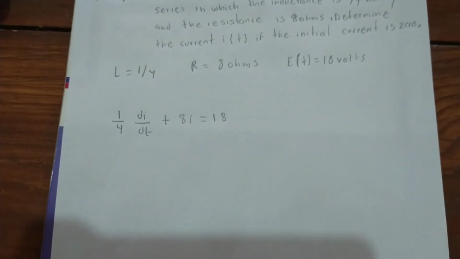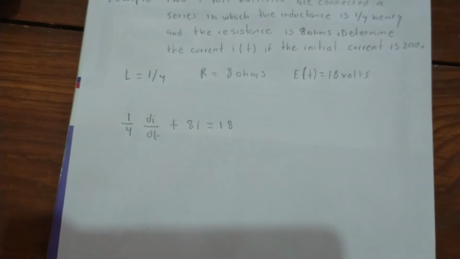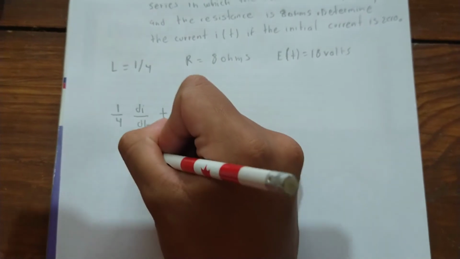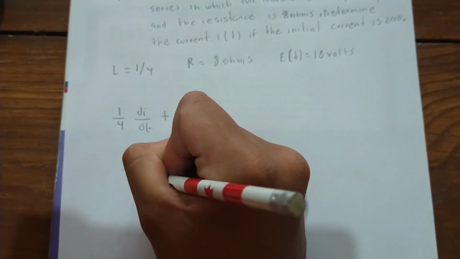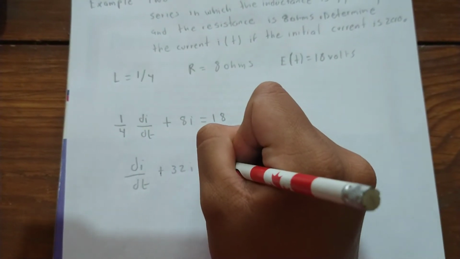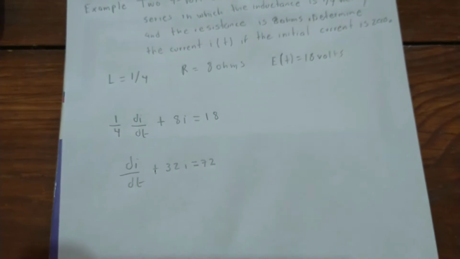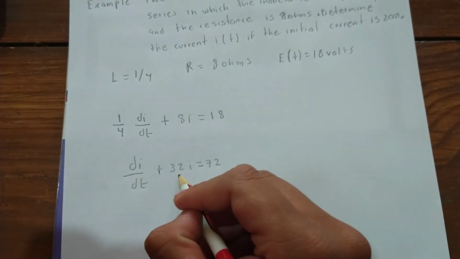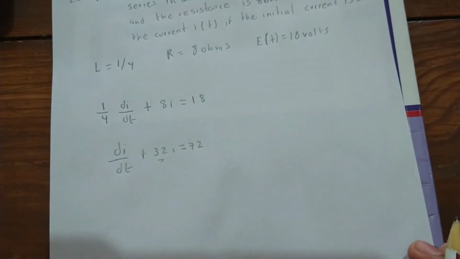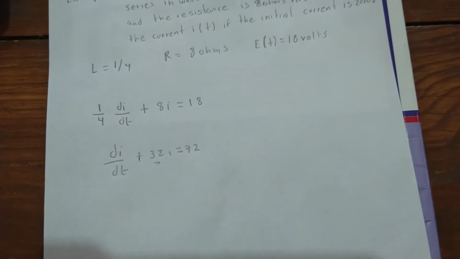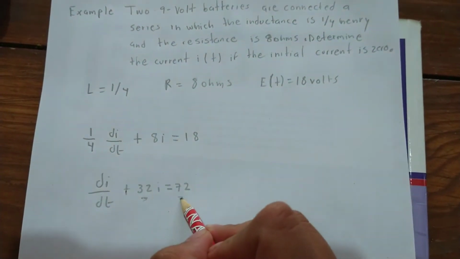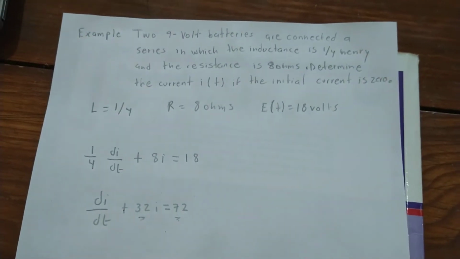This will give us di/dt plus 32i equal to 72, since 8 times 4 is 32 and 4 times 18 is 72.